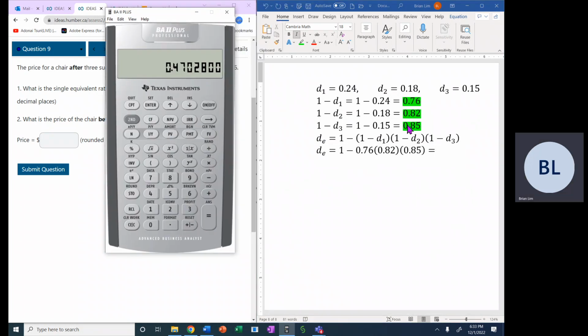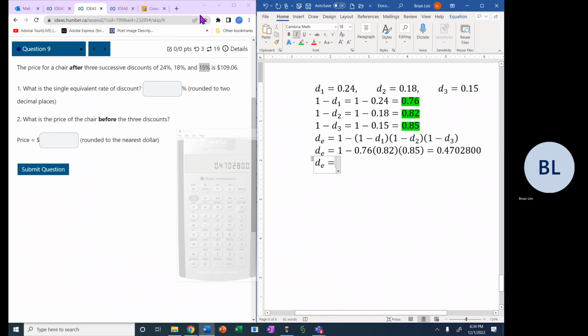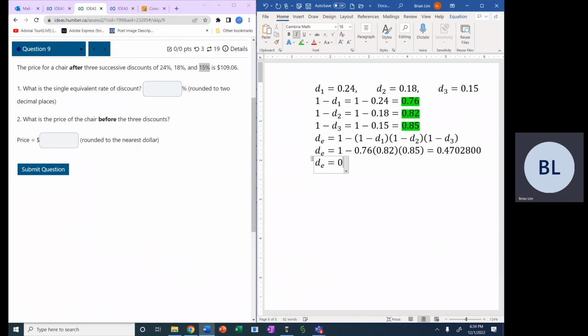0.470280. So the single equivalent discount expressed as a decimal is 0.47028. We don't need to carry the rest of the zeros.